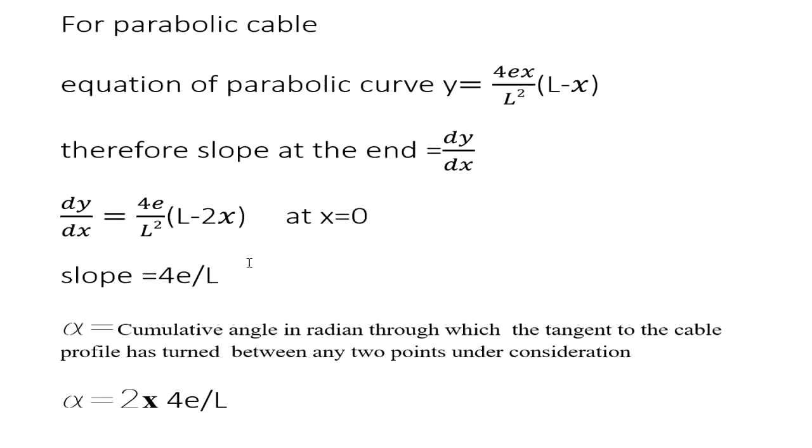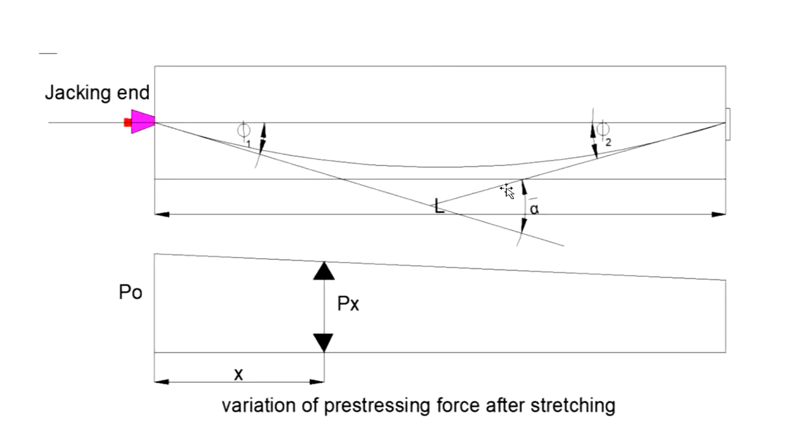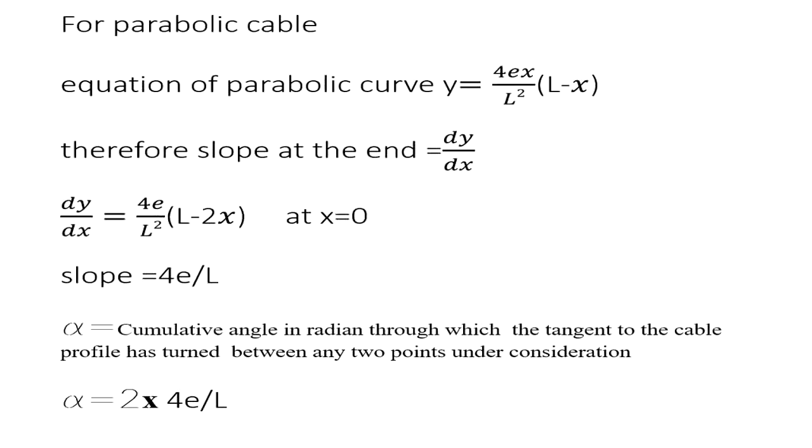Then at x equal to 0, the slope at that point will be 4e by L, since x is 0, so 4e by L square into L. Alpha is the cumulative angle in radians through which the tangent to the cable profile has turned between any two points under consideration. You can see here, this is alpha, which means it is the summation of theta 1 and theta 2. So we can calculate from this.